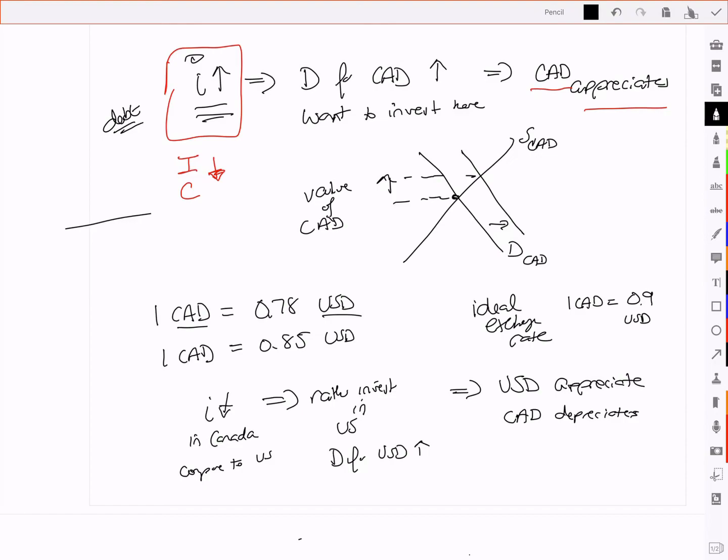Well, when you think about your own credit cards, if you have lots of debt, how do you get a credit card company to let you put more things on credit, right? They charge you a higher interest rate. So the more debt we have as an economy, it also will impact our interest rates, which will impact the Canadian dollar, as well as our ability to use monetary policy to impact the economy.